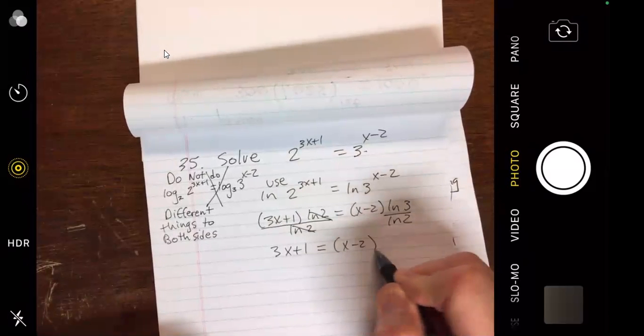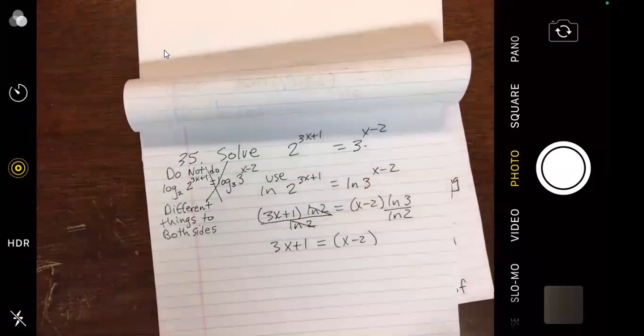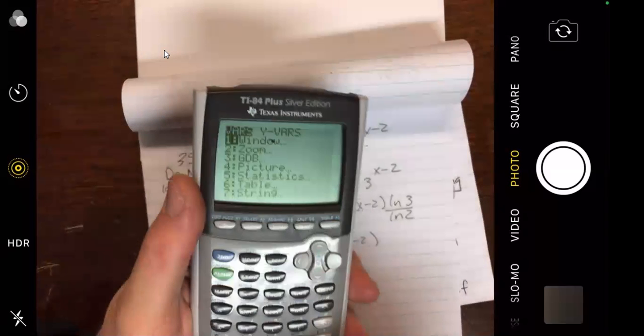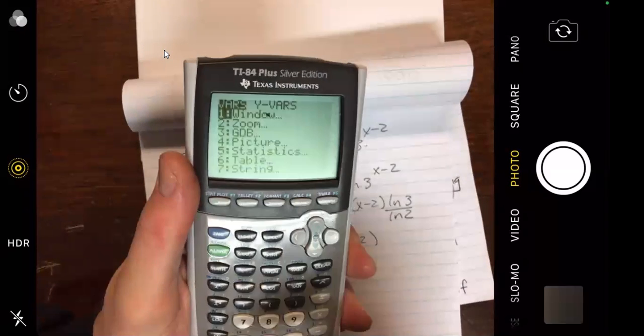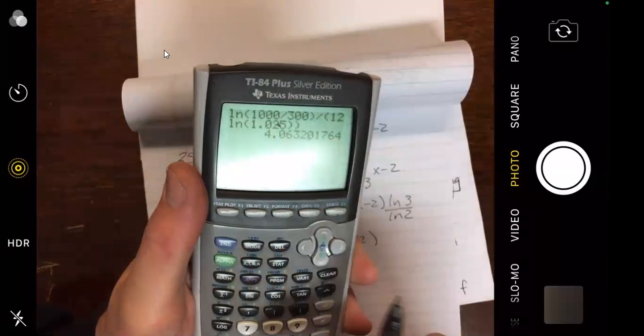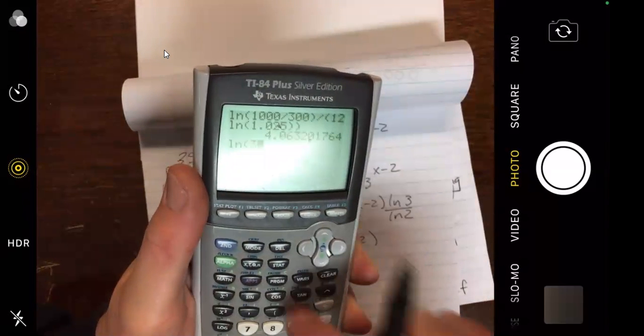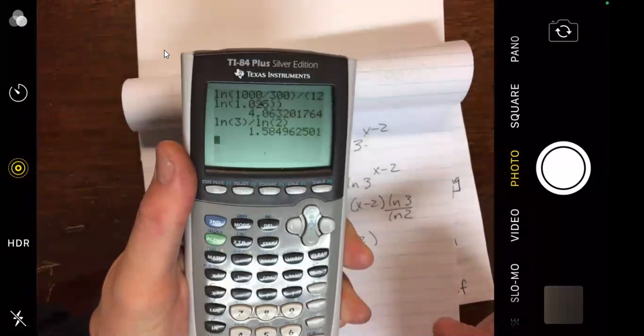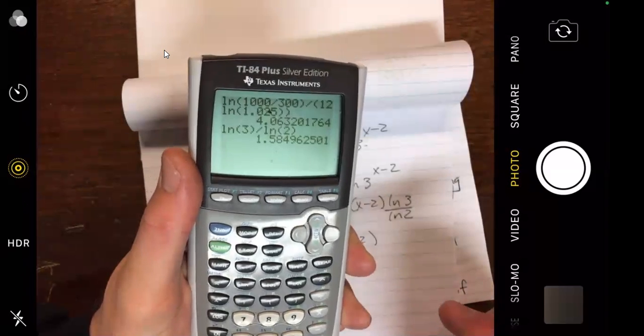And now I'm not even going to get the exact answer on this one. If I wanted the exact answer, I'd leave this alone. I don't want to mess with that. I'm just going to go ahead and get the approximation. 1.58496.